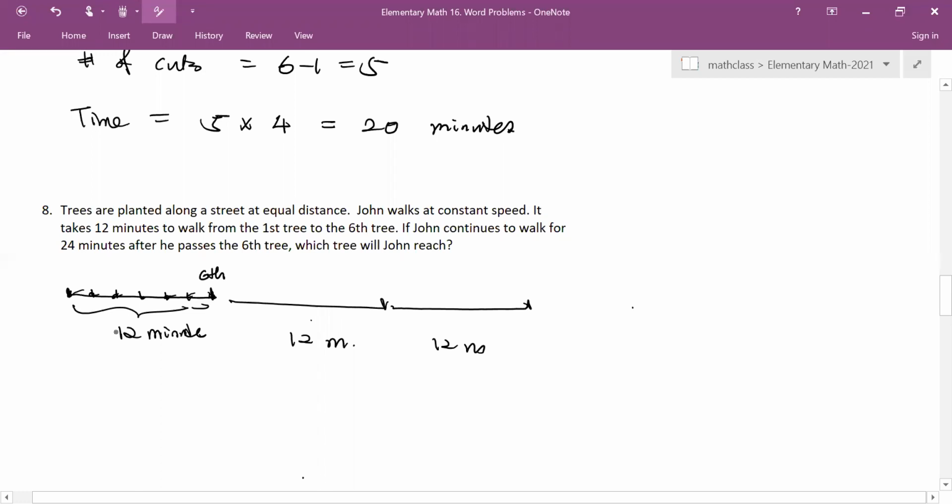In 12 minutes he passes 5 trees, not 6 trees. 1, 2, 3, 4, 5.